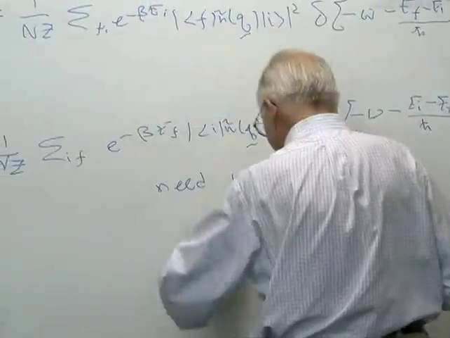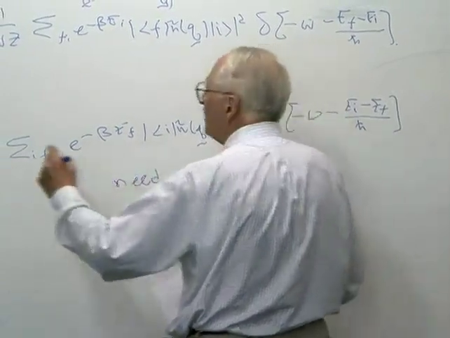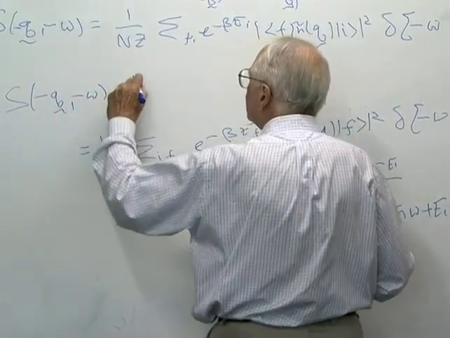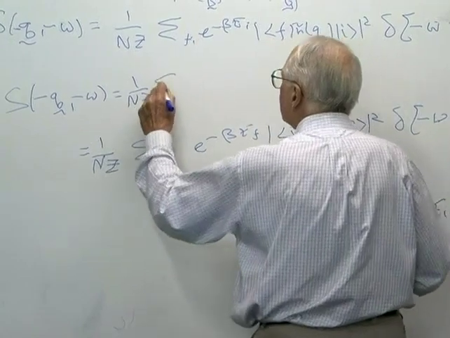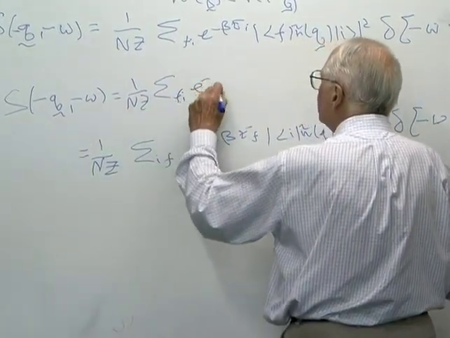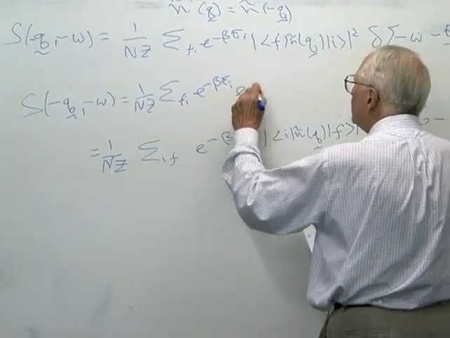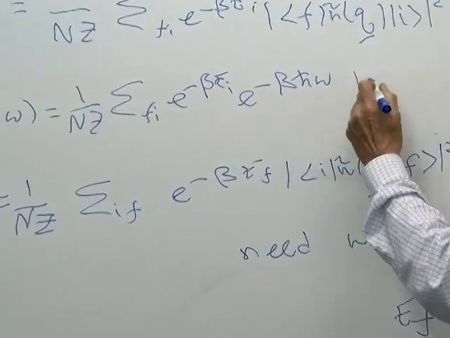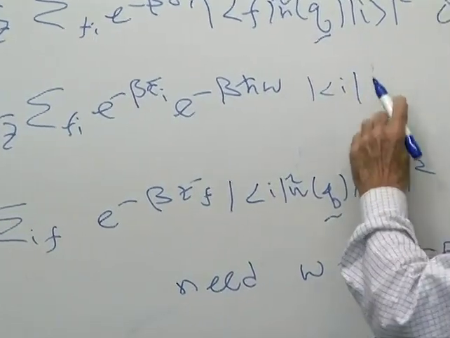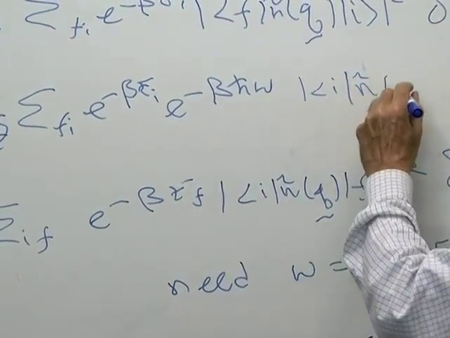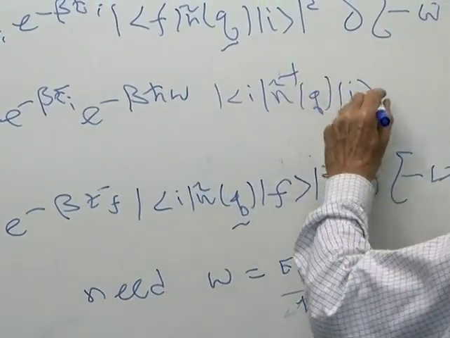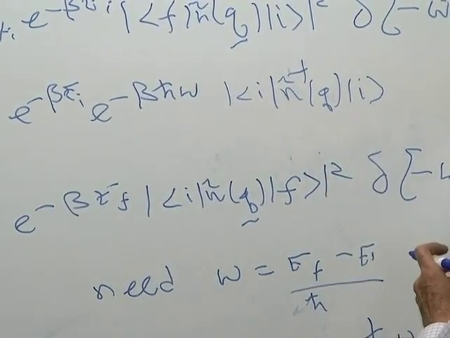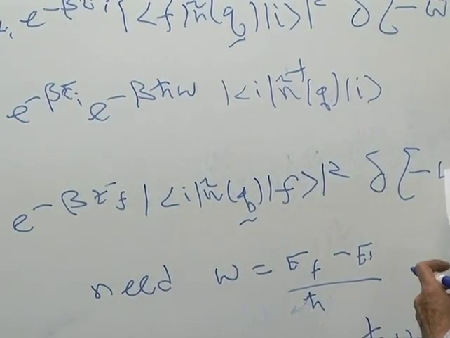And so doing this manipulation, what I end up with is S of minus Q minus omega equal to 1 over NZ, sum on F and I, e to the minus beta EI, e to the minus beta H bar omega, times this sum, I n of Q adjoint I, that's because I've interchanged.